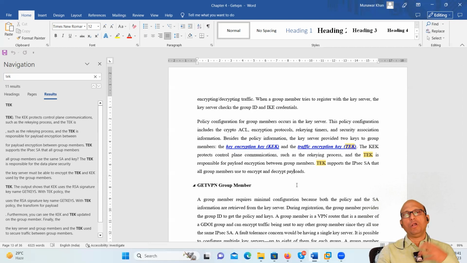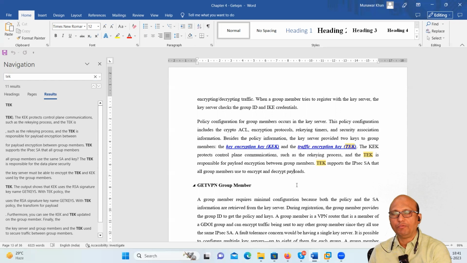See, you must be wondering, if I'm asking for one key from the key server, I should get it, and that process has to be encrypted. That process has to be secure, and that is why it is called key encryption key. It is going to be used to get those keys safely to the group members.